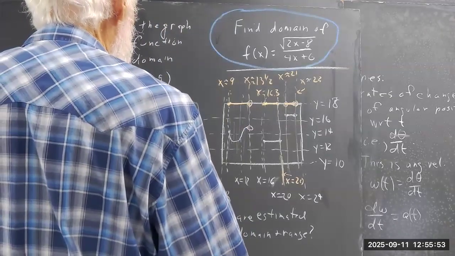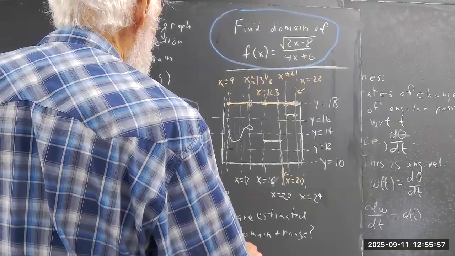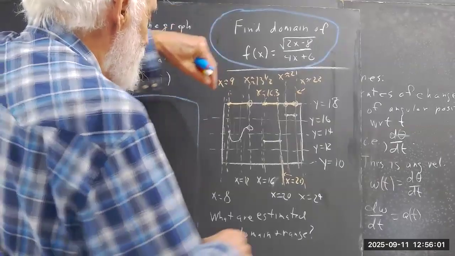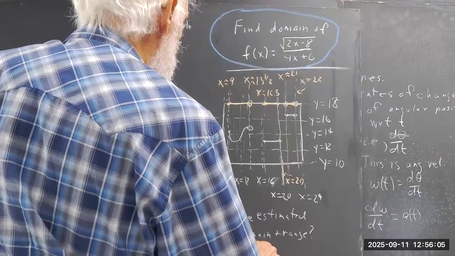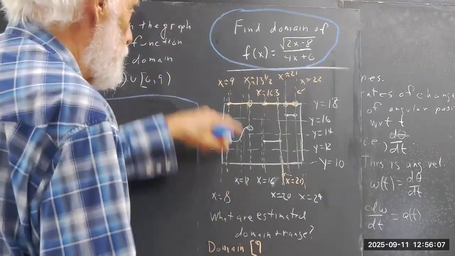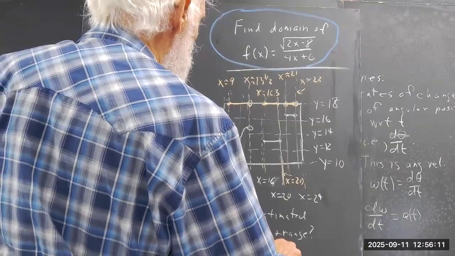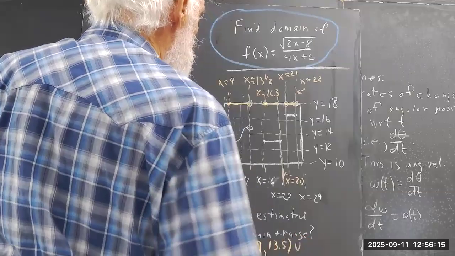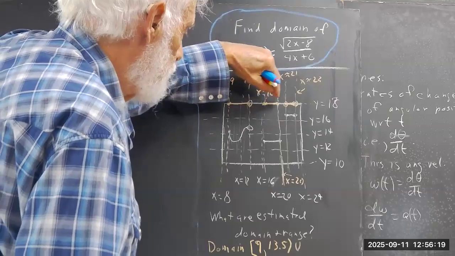Domain is then a closed interval from, well, the interval's closed at the left end, so we got a bracket there. It's open at the right end. And then we have a closed interval from 16.3 to 20.